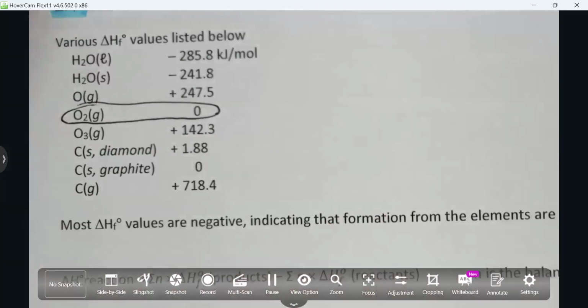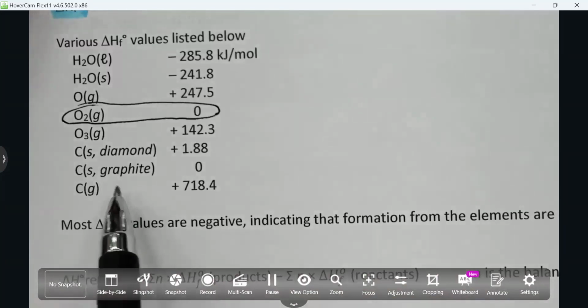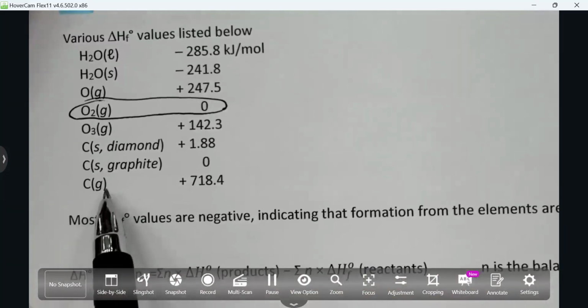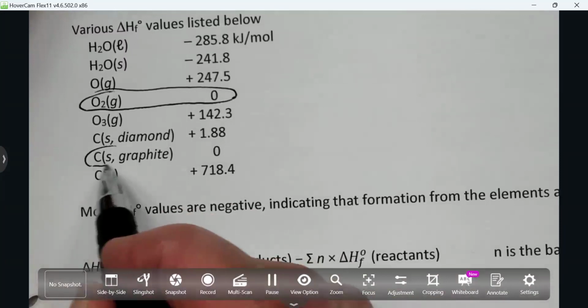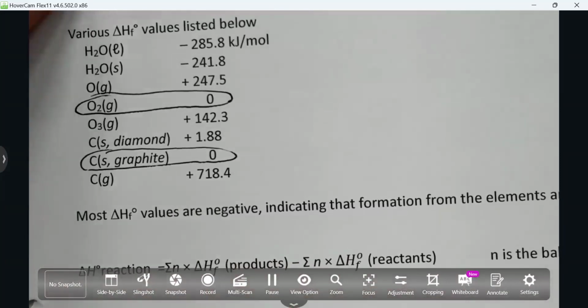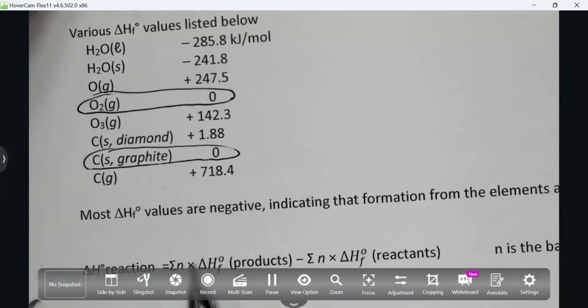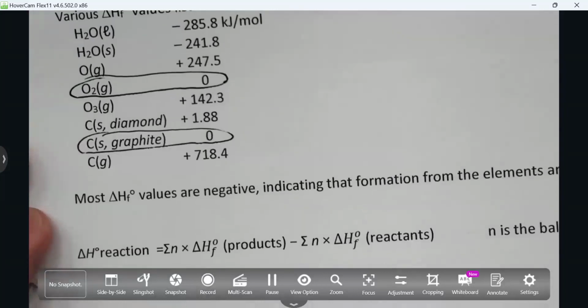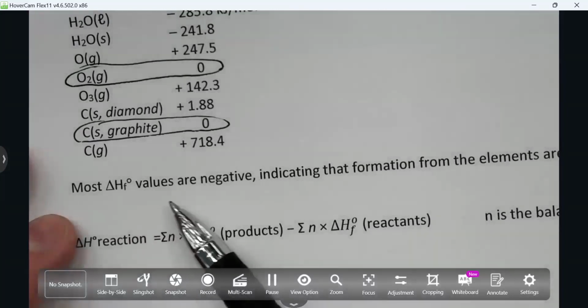O2 gas that we breathe in, that's oxygen. What is the most standard state for carbon? It's pencil graphite, so it's 0. Most enthalpy of formation values are negative, indicating that formation from the elements are exothermic.